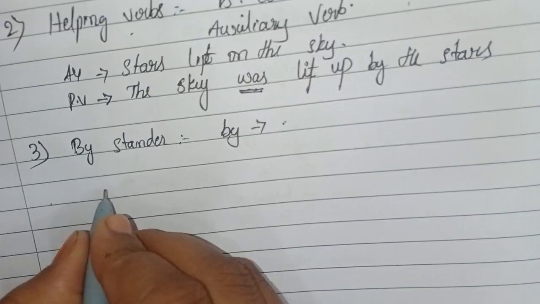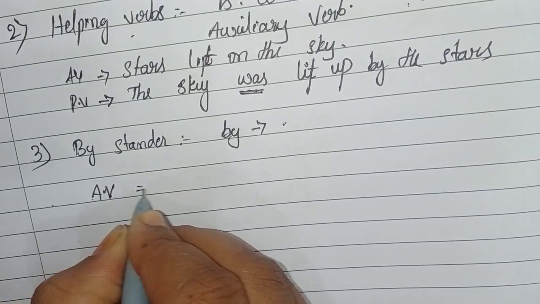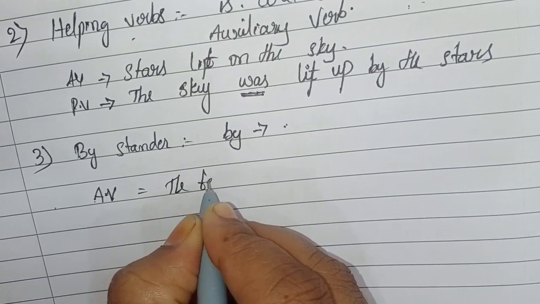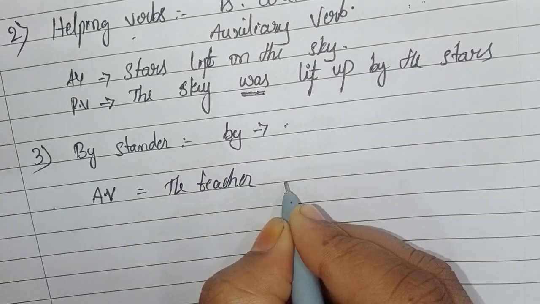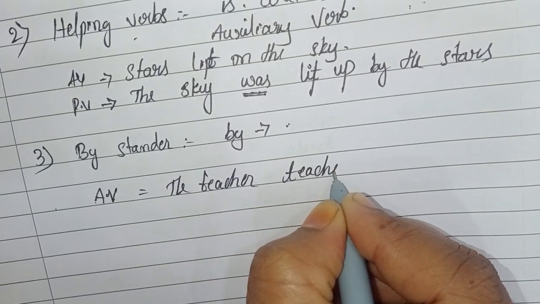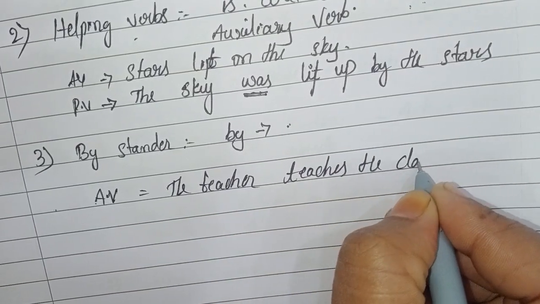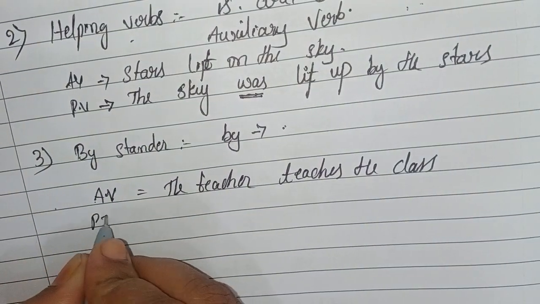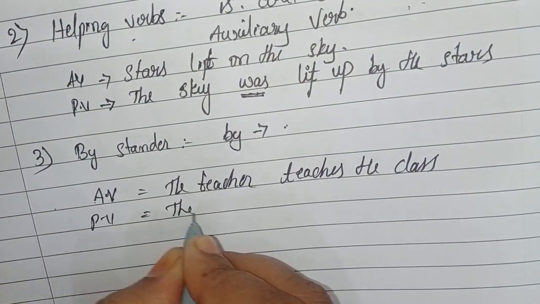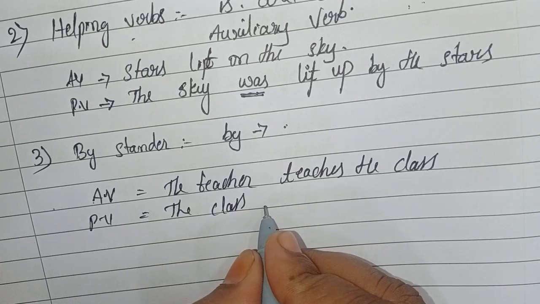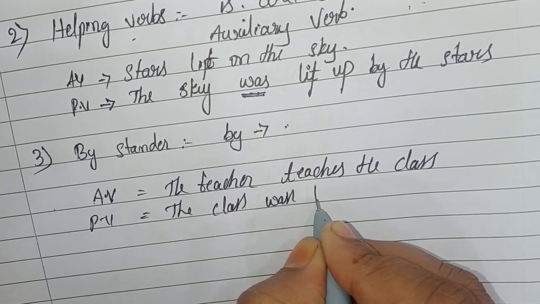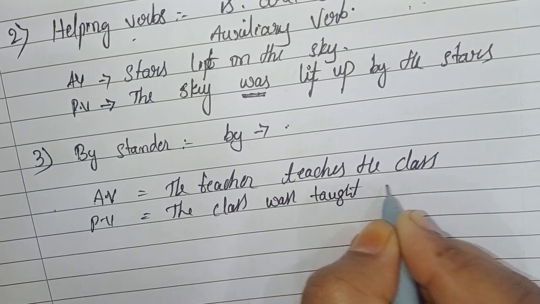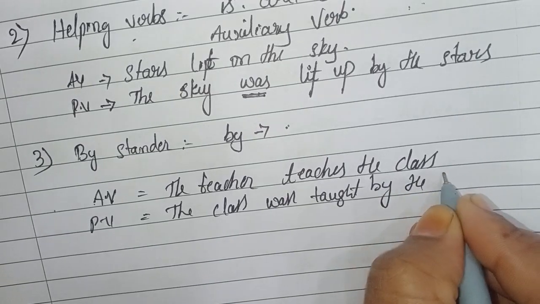One example, active voice: The teacher teaches the class. When we change it, it becomes: The class was taught by the teacher.